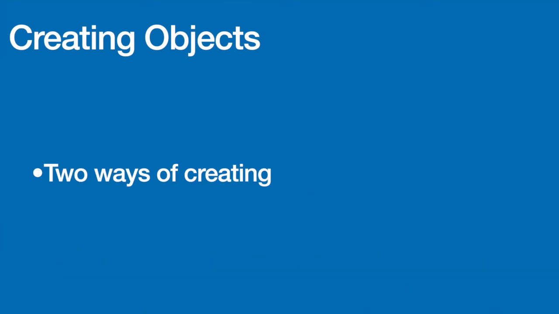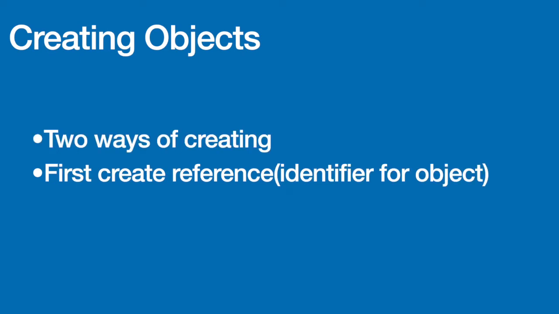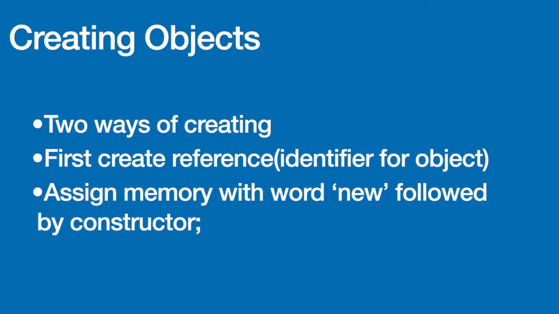There are two ways of creating objects. The first is we create the identifier. That means we define the variable and then we can initialize it on the same line or we can initialize it in a different line. So when we initialize classes we have to use the new keyword before we initialize with the constructor.